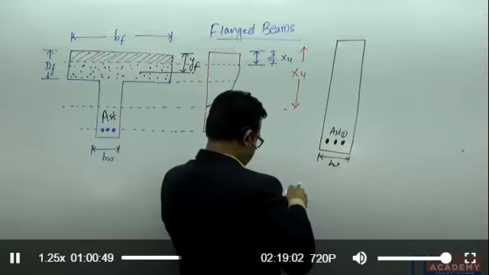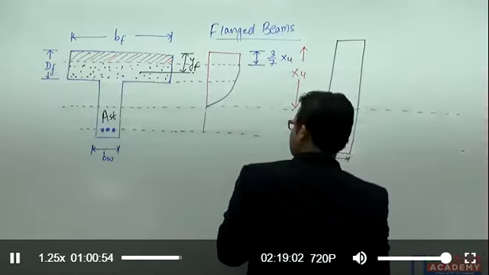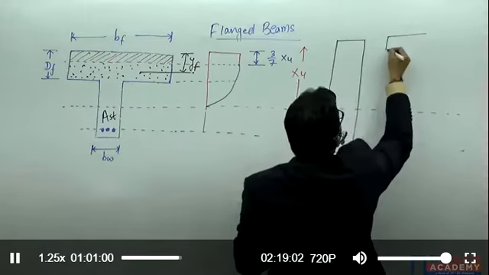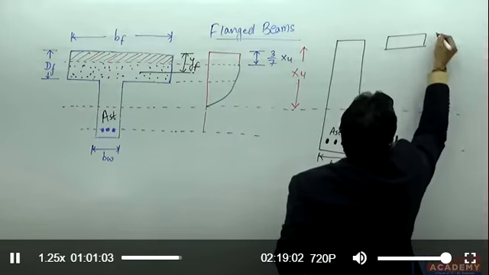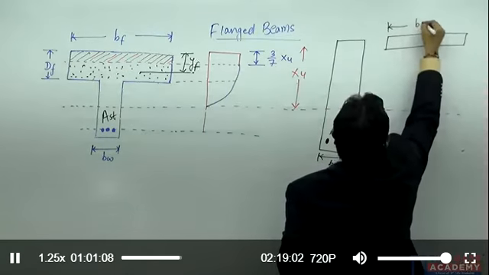And the second figure means your flange. And of course the width of the flange will be BF minus BW.